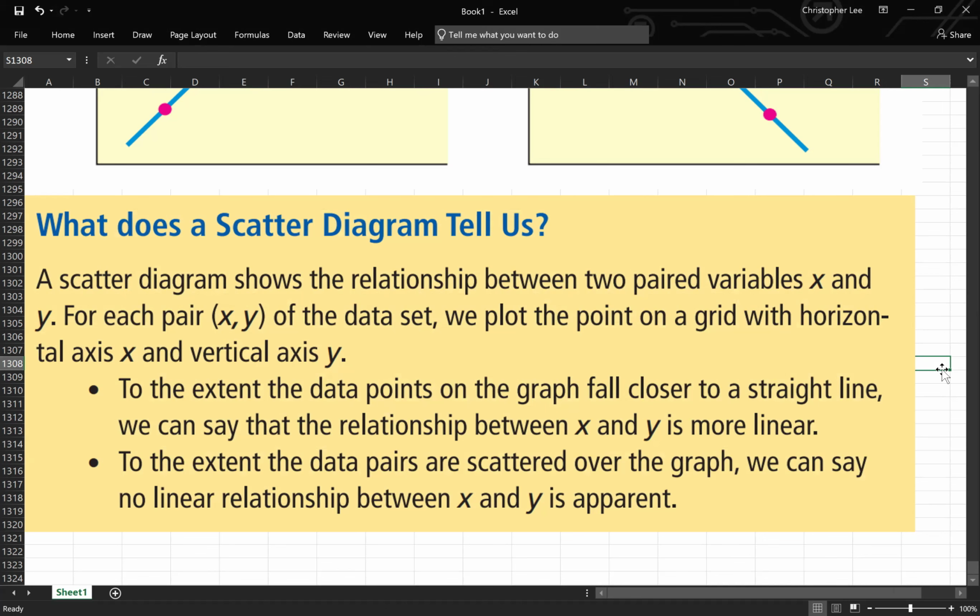To the extent that the data points on the graph fall closer to a straight line, we say that the relationship between x and y is more linear. To the extent that the data pairs are scattered over the graph, we say that no linear relationship between x and y is apparent.